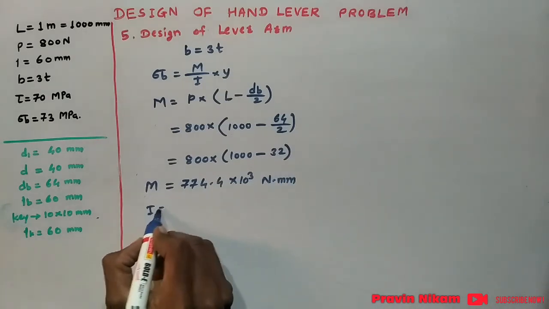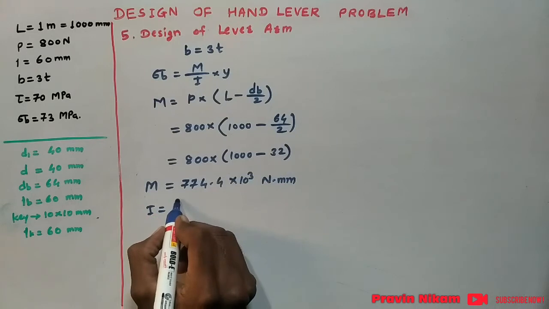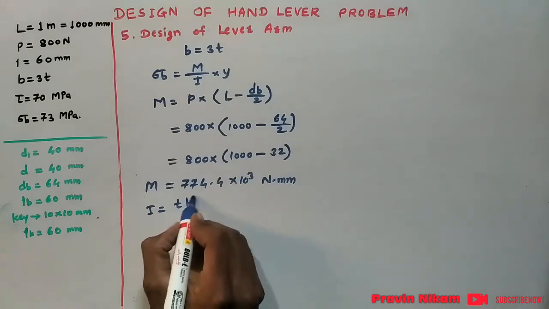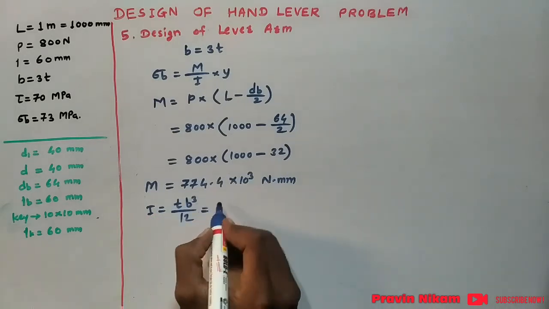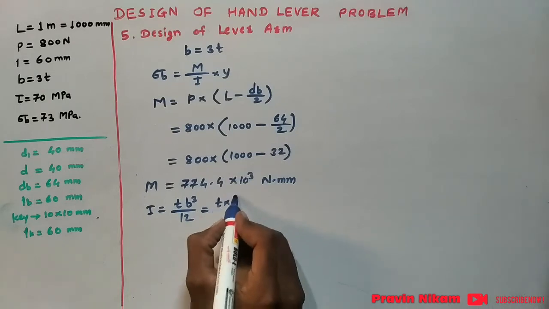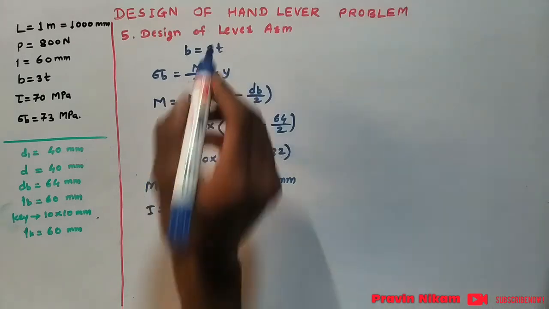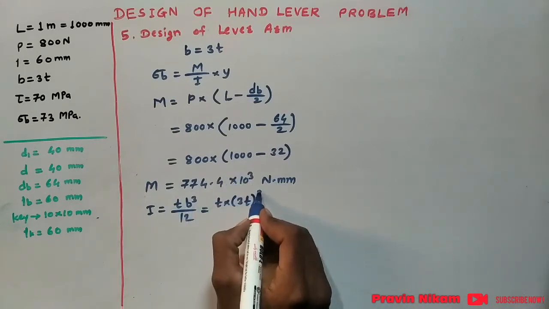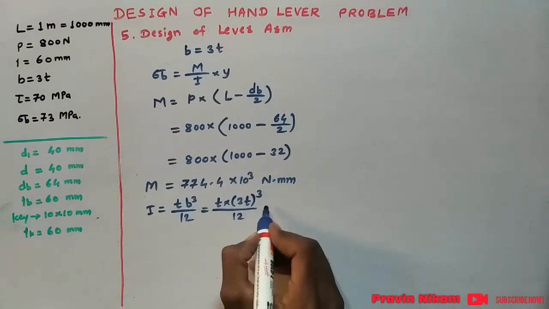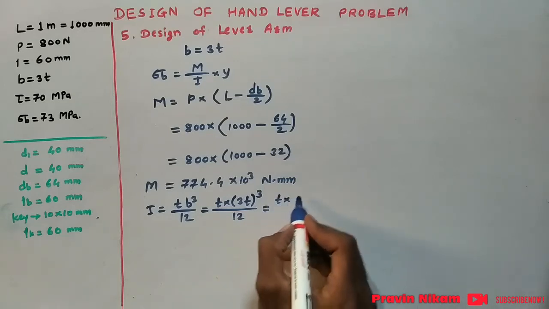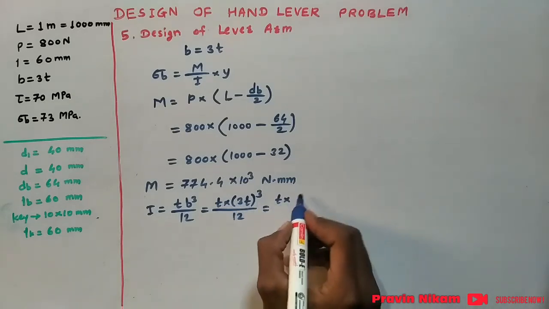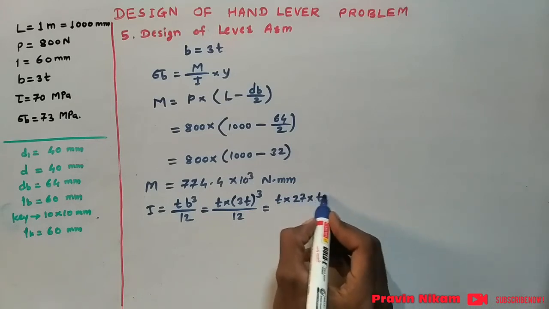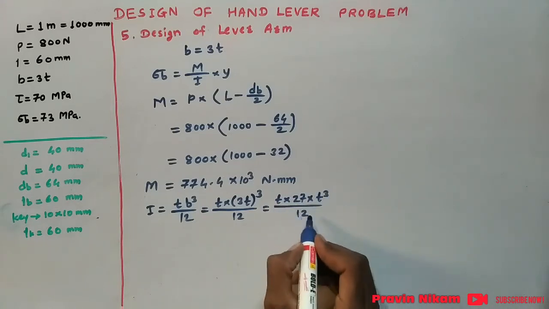Now I is equal to, about y-axis, T B cube by 12. So that is equal to T into B, where B is 3 times T. So put the value of B, that is 3T cube divided by 12. So T into cube of 3 is 27 into T cube divided by 12.